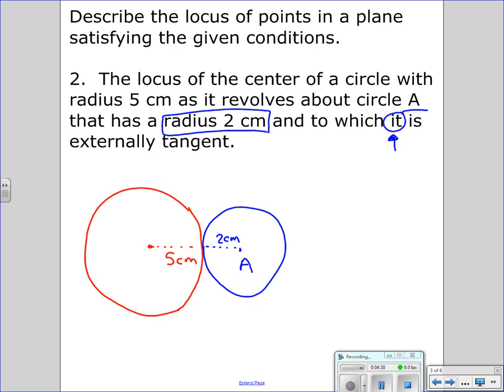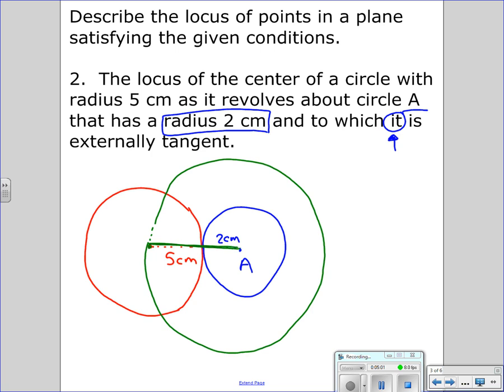So what's happening here? The locus of the center of a circle. So this center, as I revolve, think of, I'm going to revolve this point around the other circle. Think of me rolling, and I wish I could show it to you guys, I'm rolling that red circle around the other circle. Well, what's my locus of points that I drew in green?